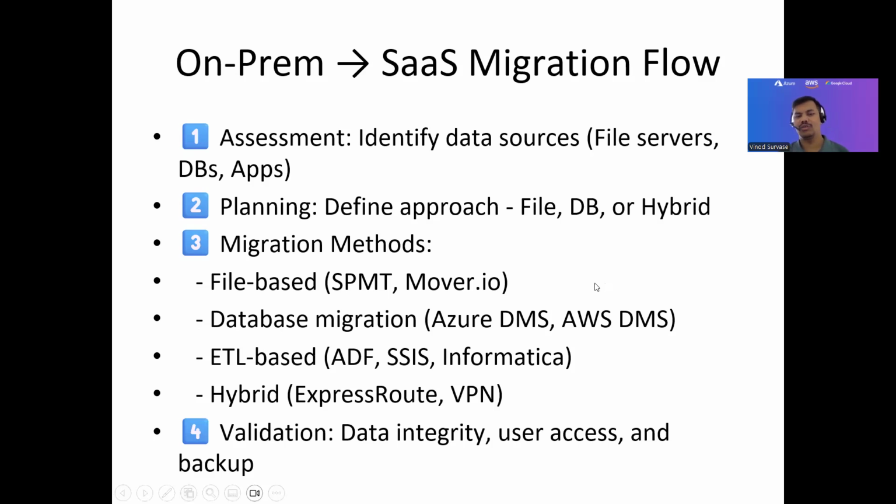And then the validation of data integrity, user access levels, and backing up those data sets, basically. Now, this is going to be the same, where we have to make sure everything is intact, including security, compliance, and governance as well, right? And access levels upon migration, before and after, that's going to be something.